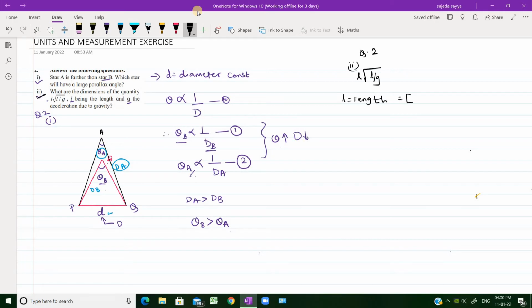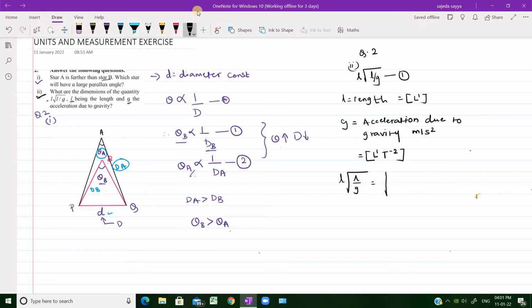It has dimensions L raised to 1. Small g is acceleration due to gravity, and its SI unit is meter per second square. Therefore the dimensions are L1 T raised to minus 2. Putting in this equation, let me first of all write the given expression, l into square root of l upon g.